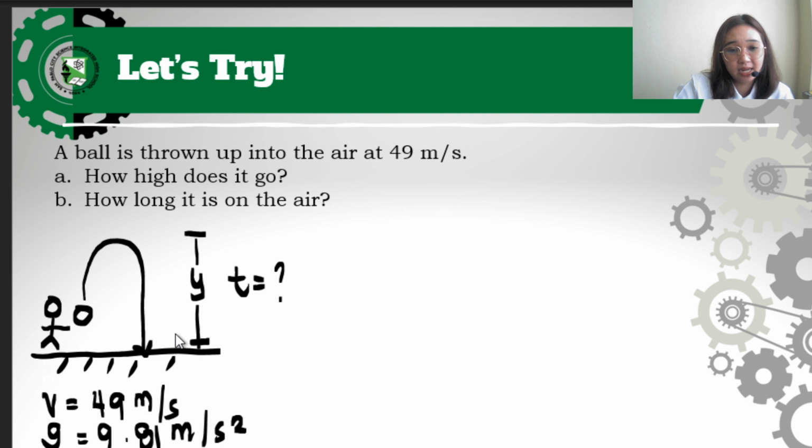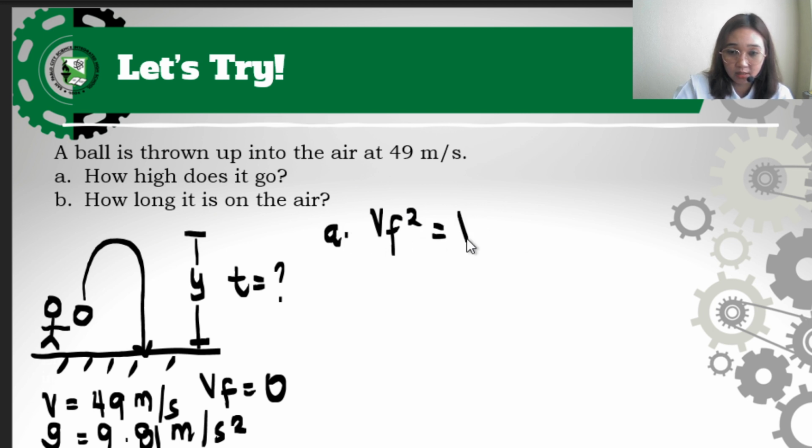Since we know that it falls to the ground, most basically, vf is equal to 0. Okay? Why? Because it fell to the ground, it has no more motion, it stopped there. So, vf, we can use the last equation, which is vf squared equals v0 squared plus 2g times y minus y naught.